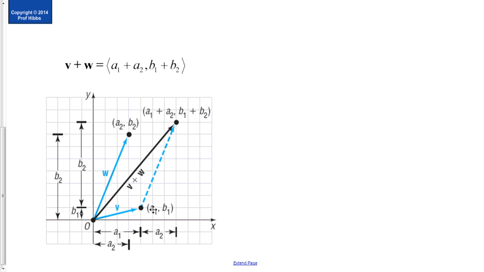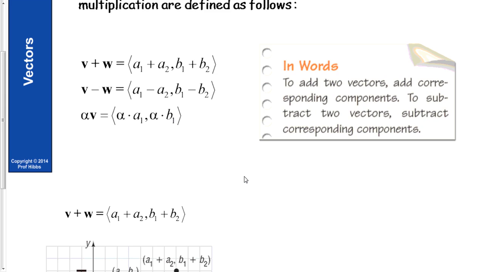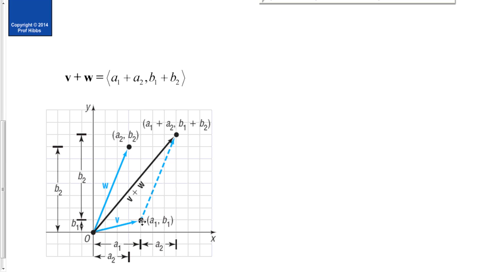So we'd move over a sub 2 units, and vertically we would move b sub 2 units, because the vertical component of w is b sub 2. The distance from here to here is b sub 2, and this is where we are. And so we would go up b sub 2 units, that would put us here.